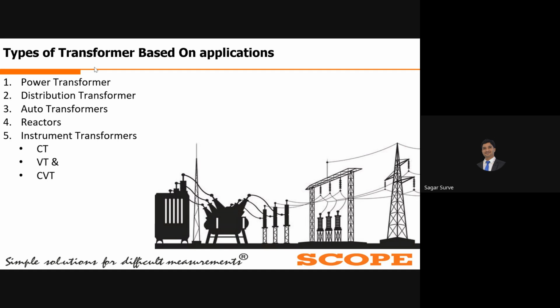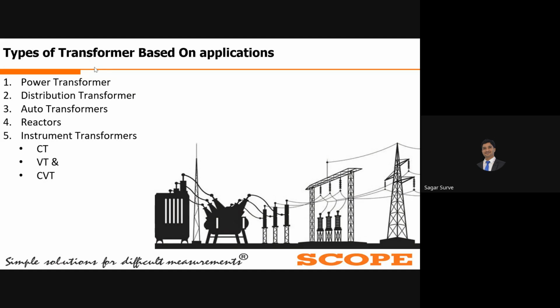Being technical engineers, it's our duty to take care of the transformer so that it can work efficiently, with long life, with fewer failures or less maintenance. That's why we are continuously going for the testing of the transformer.